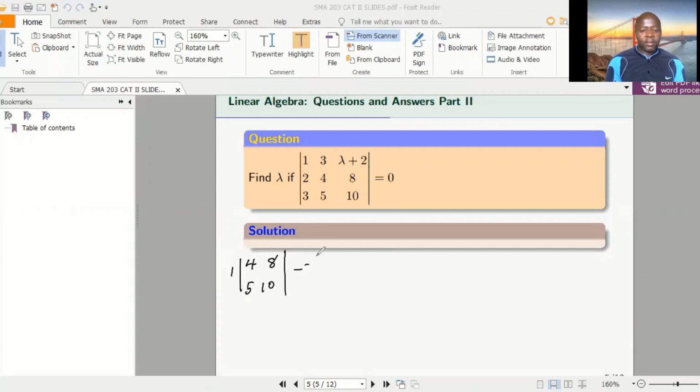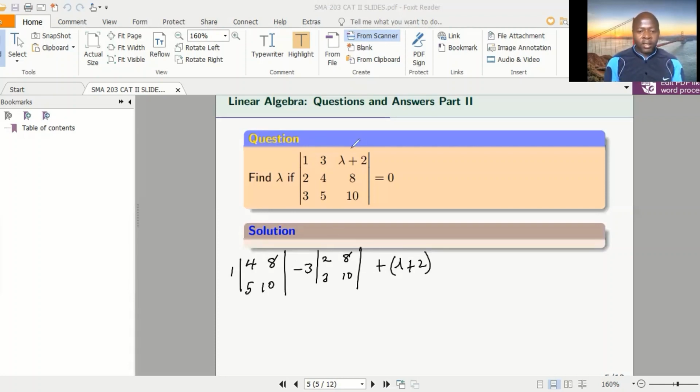Then minus 3, delete the column of 3 and the row of 3. The matrix that remains is 2, 8, 3, 10. Then plus, and you know how to get the determinant of a matrix. We already explained how the signs alternate, plus, minus, and so on.